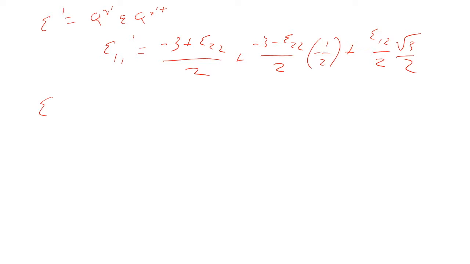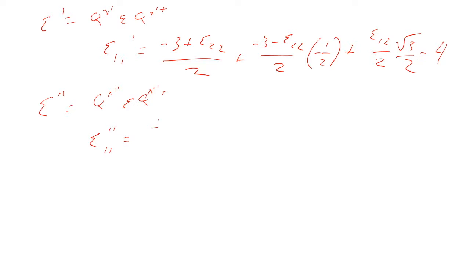And if we do epsilon double prime is Q x double prime epsilon Q x double prime transpose, we get epsilon double prime, that's equal to 4. I'm just scaling everything by 10 to the minus 4.